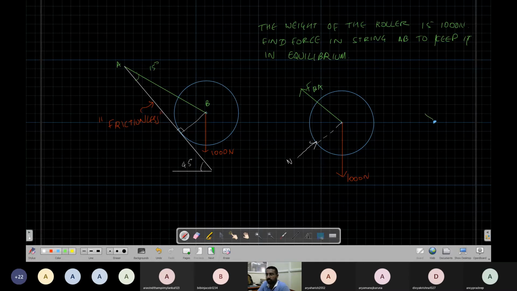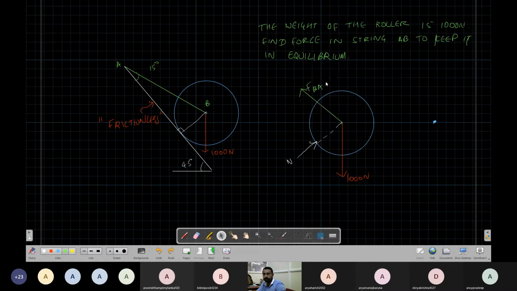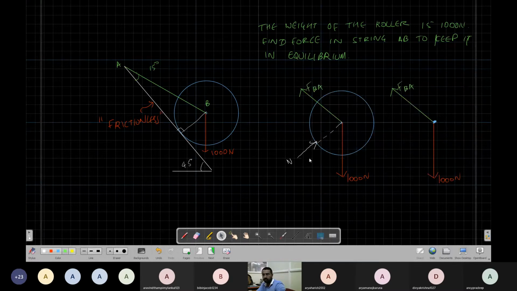I have an F_BA force in this direction, a force here, and also a force here. By the transmissibility principle, I just transfer it. Okay, so I know a force here.